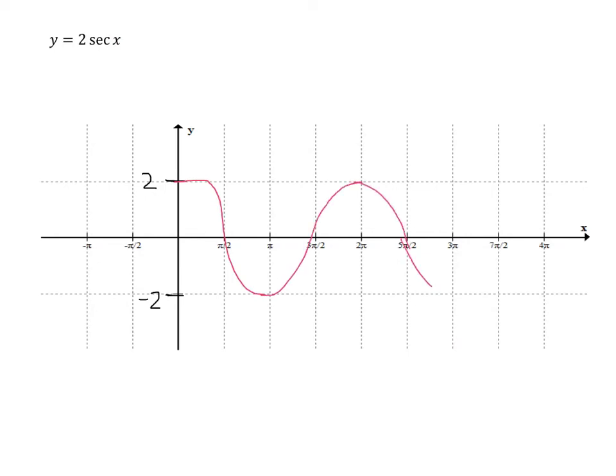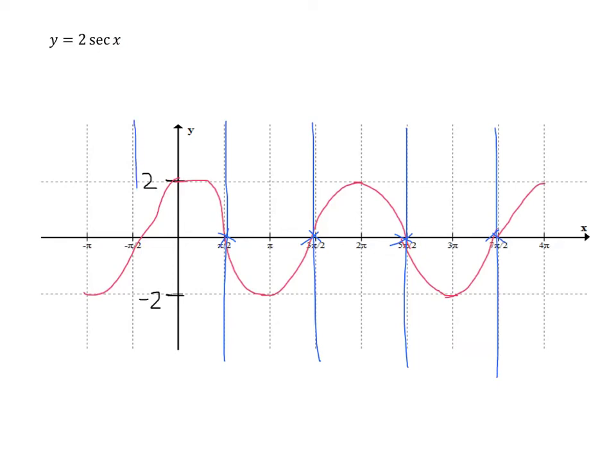And in this case, it would be 2 times the cosine of x, because here we have got an amplitude of 2. The next thing that I'll do is locate my asymptotes in any place where cosine crosses the x-axis. And from there, I'll sketch in my graph.